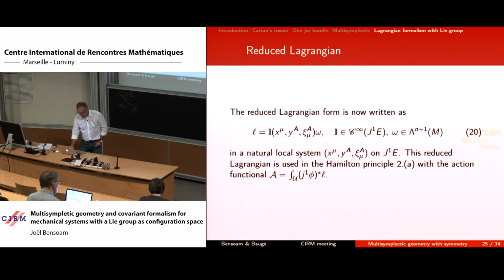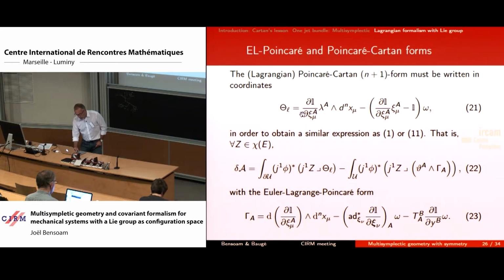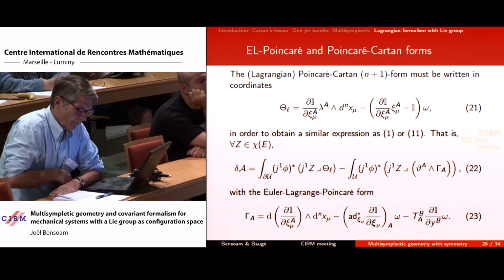So if we do exactly the same thing with reduced Lagrangian forms, reduced meaning that we now use the velocity according to the Lie algebra, then we'll have to introduce a Lagrangian Poincaré-Cartan n+1 form, which is expressed by the Maurer-Cartan forms, and we will also have a density of energy corresponding to a reduced Hamiltonian density of energy.